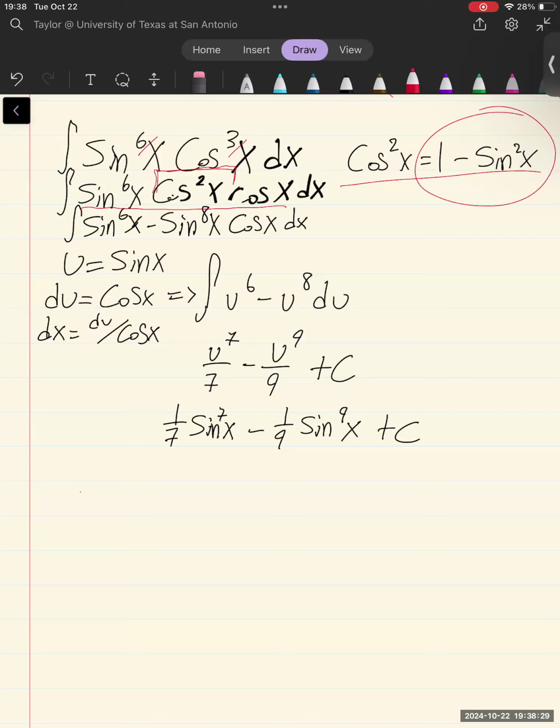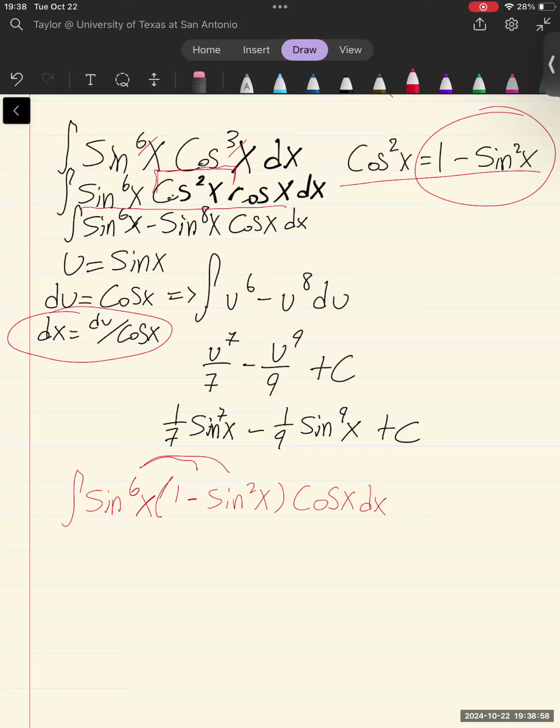And then what I get is sine to the 6th x, 1 minus sine squared x, not cosine, times cosine x dx. And then I distributed this in. And then where we lose the cosine is here in the u sub step. With the dx, right. Nice.